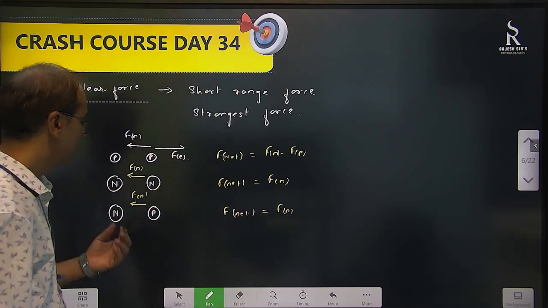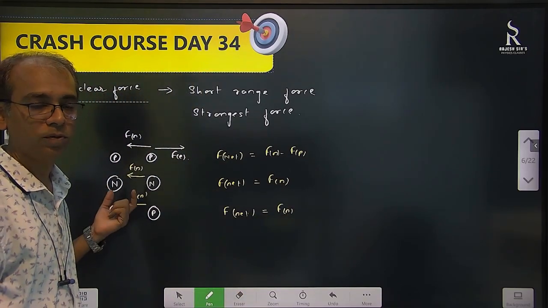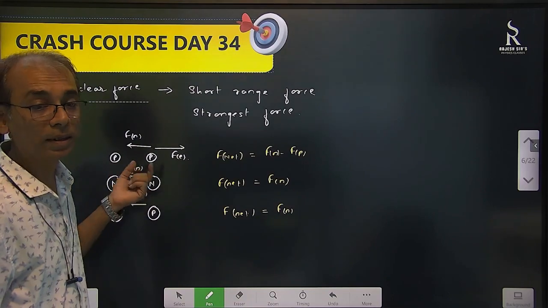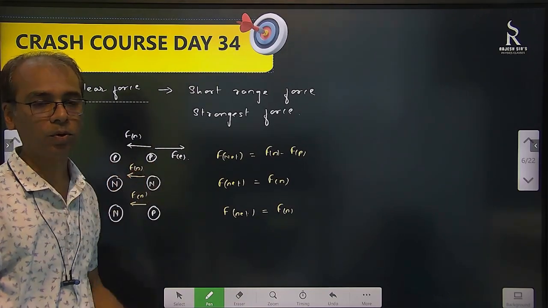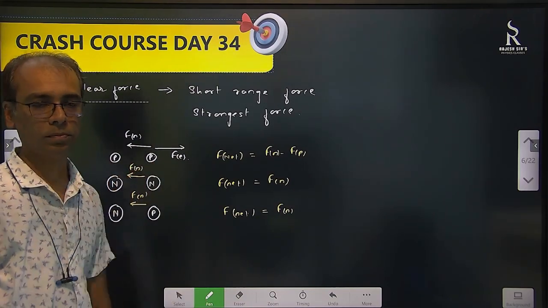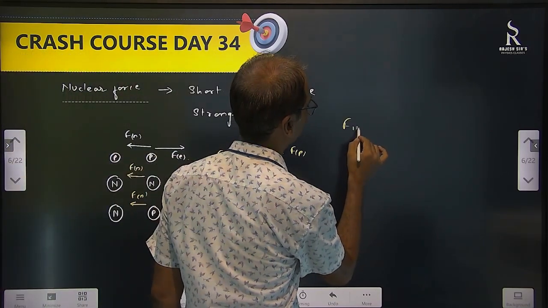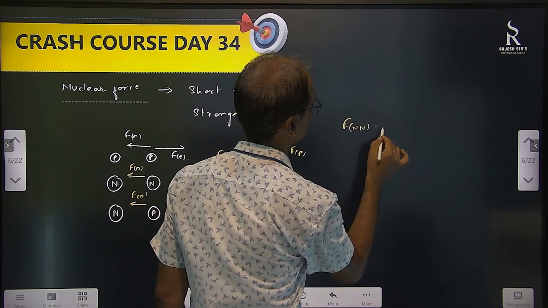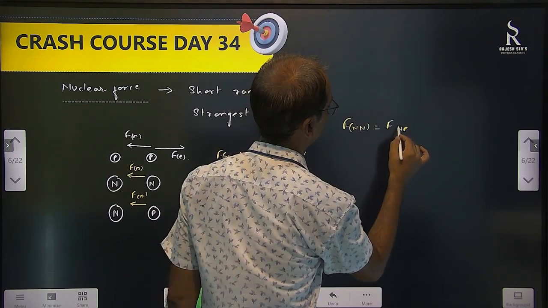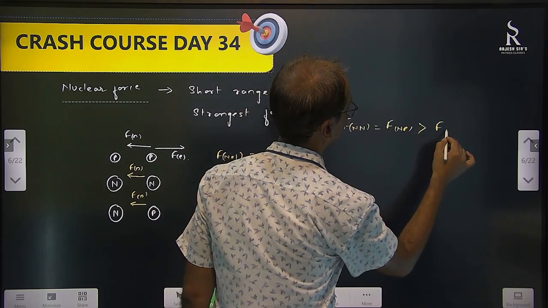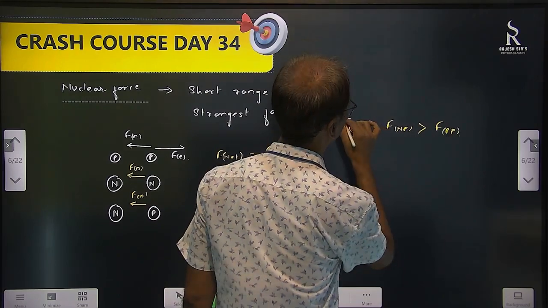So we say that the force between neutron and proton is equal to the force between neutron and neutron, which is greater than the net force between proton and proton. Okay, what I am writing? Force between neutron and neutron is equal to force between neutron and proton, which is greater than force between proton and proton inside the nucleus, remember.